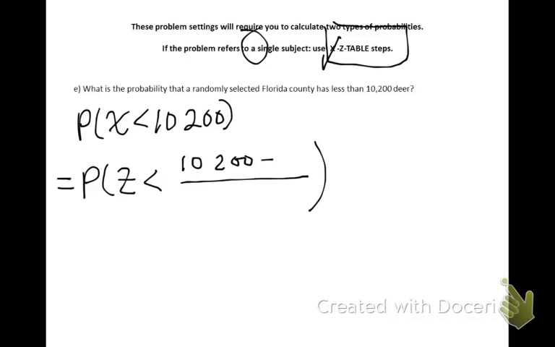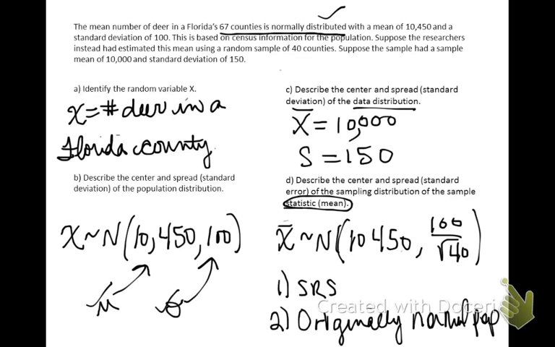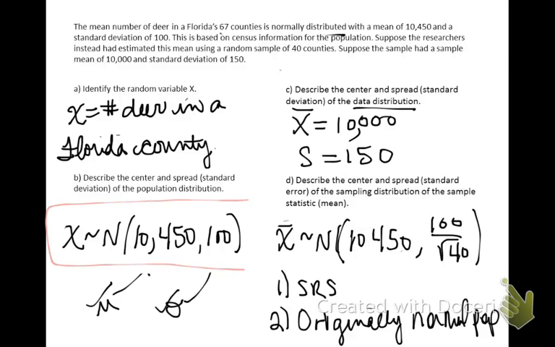This is the probability that Z is less than the observation, 10,200, minus a mean divided by a standard deviation. Keep in mind that it said just one county, a single subject. Let's go grab our mean and standard deviation. The problem we were looking at said one particular Florida county. So when you're trying to decide whether to use this or this distribution, you're going to have to think about the wording.